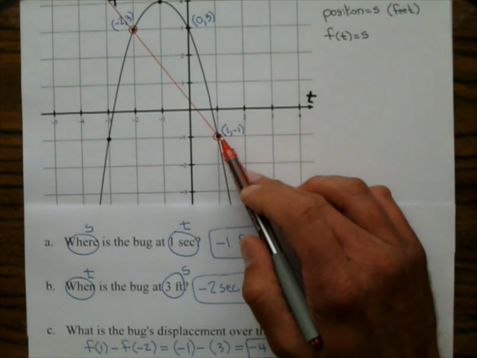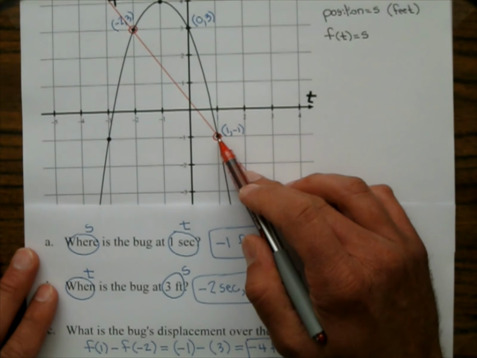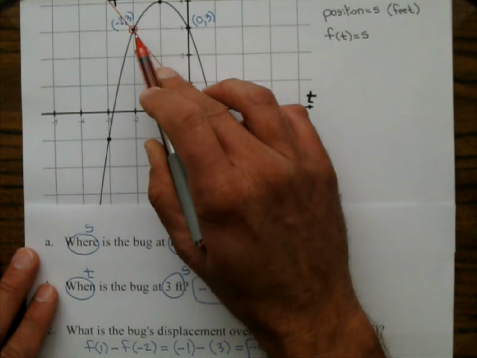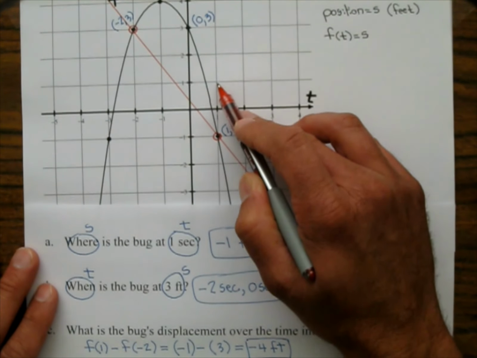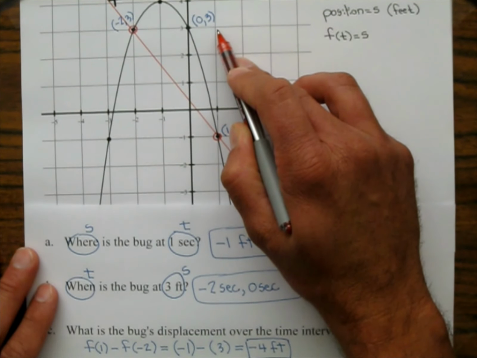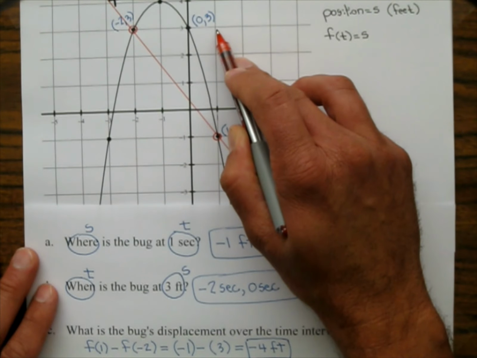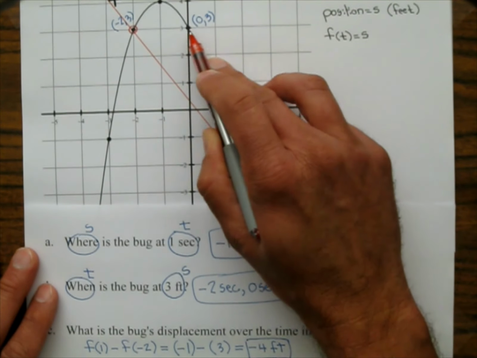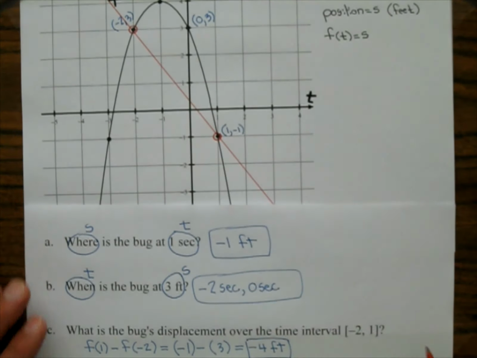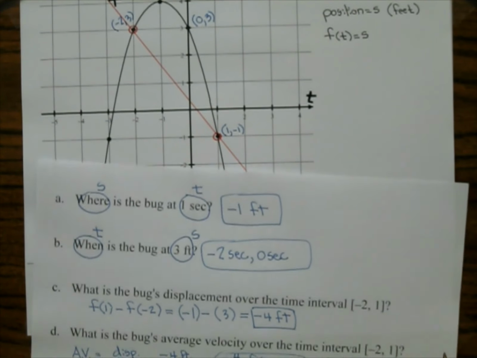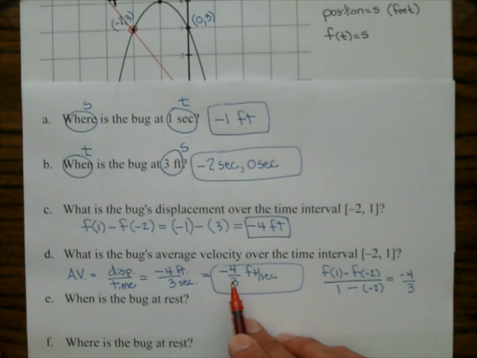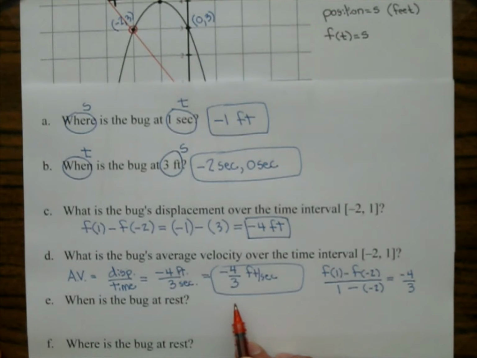Let's look at the slope of the secant line. If I count from this point to this point, I go up 1, 2, 3, 4, and I go in the negative direction 3. So rise 4 over run negative 3. That's 4 over negative 3, or negative 4/3.